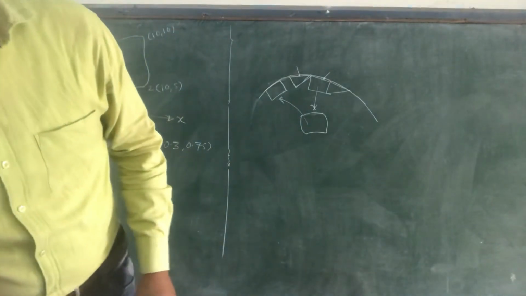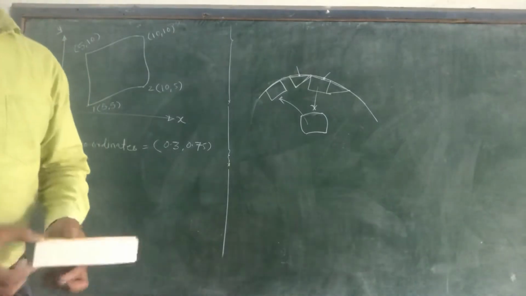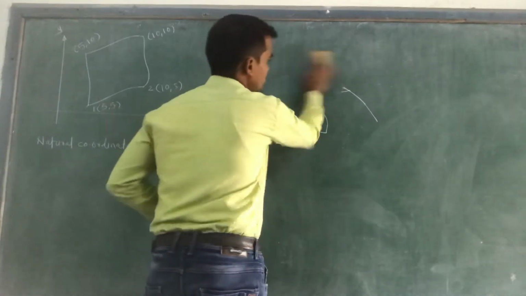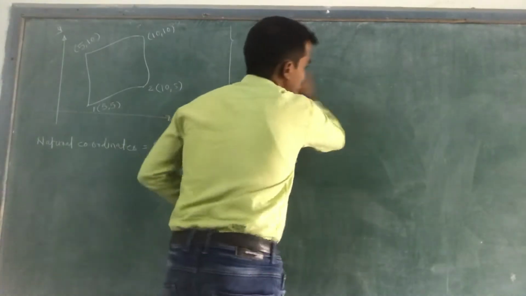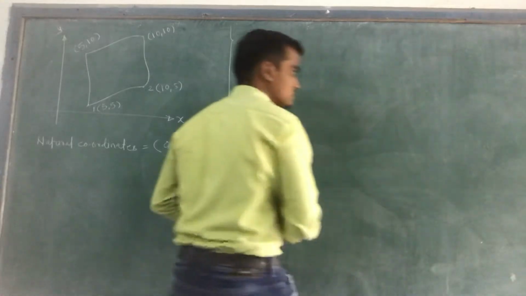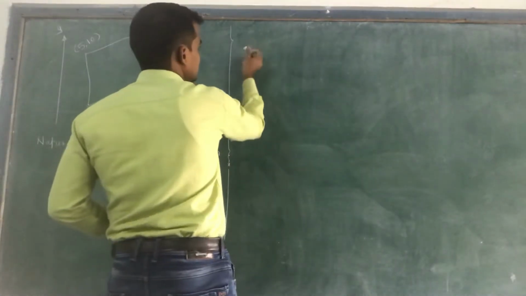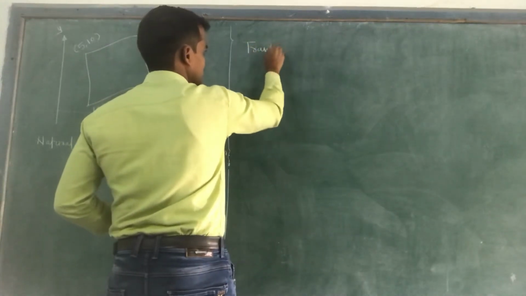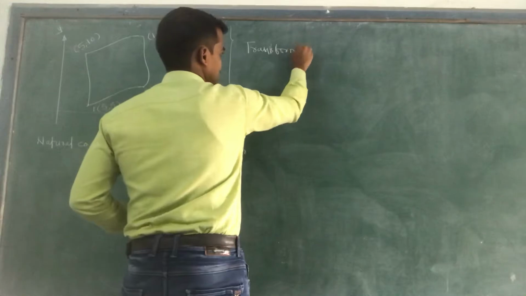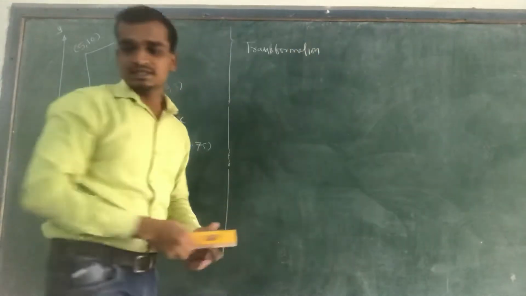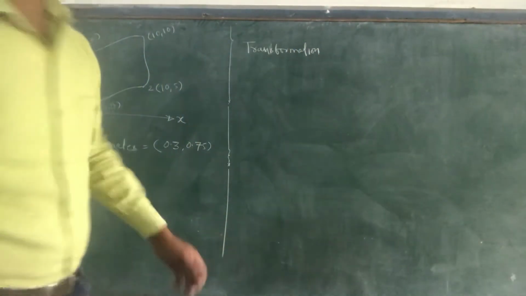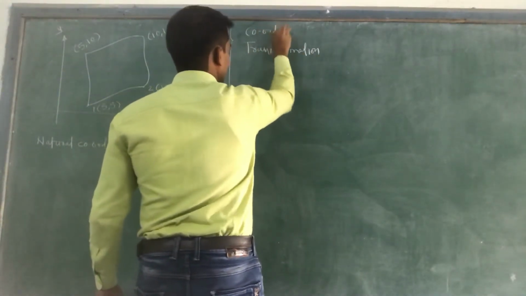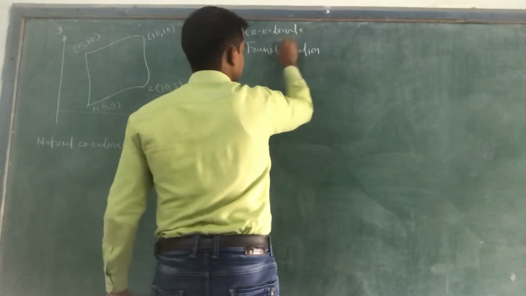So in order to overcome the drawback of mapping with triangular or rectangular elements, we are going to use the isoparametric element. First we will see the transformation of coordinates, the coordinate transformation.